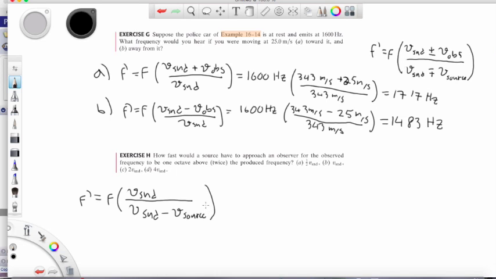So now let's rearrange this a little bit. We will move the original frequency from the other side to the left. And this will give us the following.